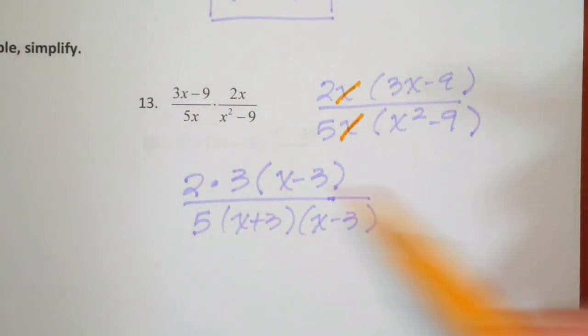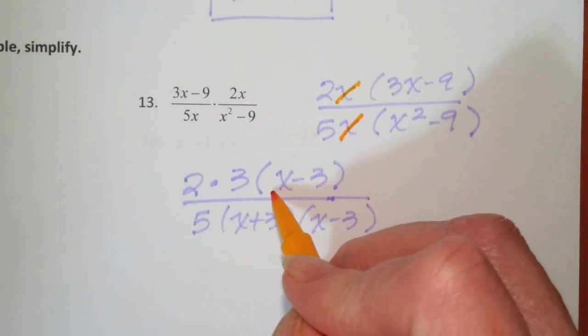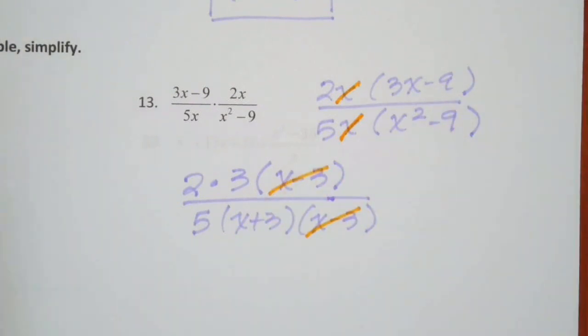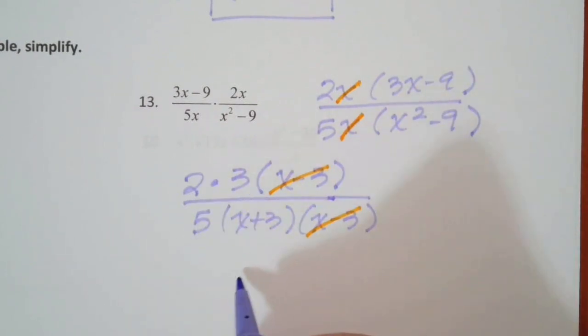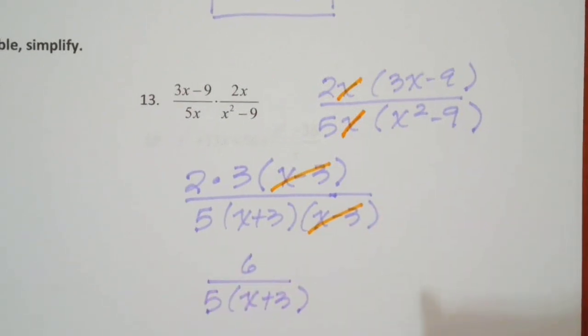So I still can't do anything with the 2, 3, and 5. However, I can get rid of my common factor of x minus 3. So this final result gives me 6 divided by 5 times x plus 3.